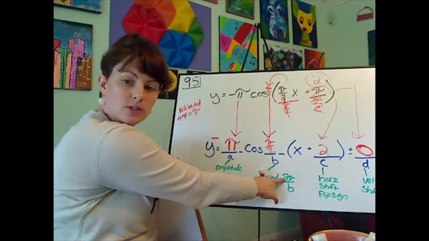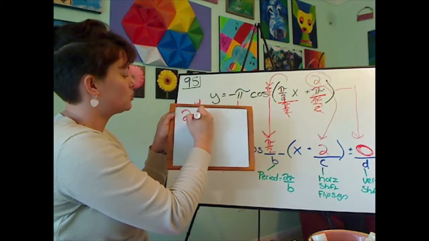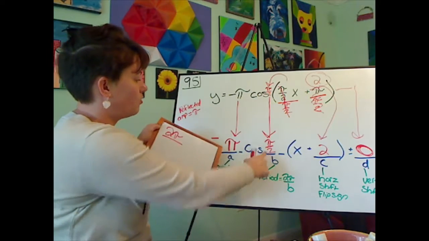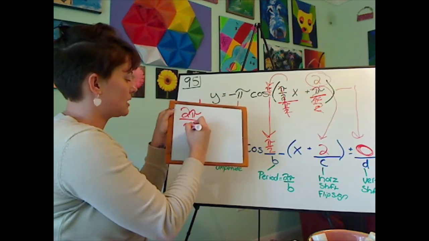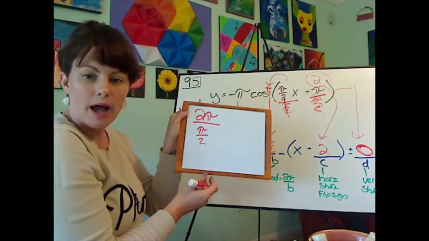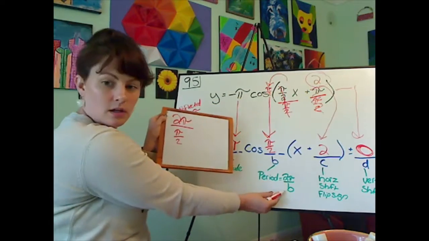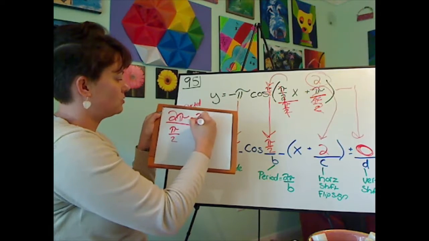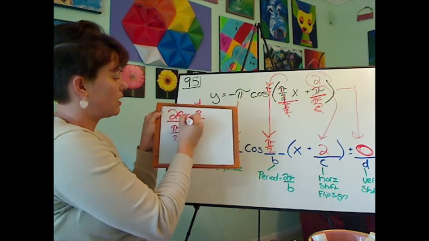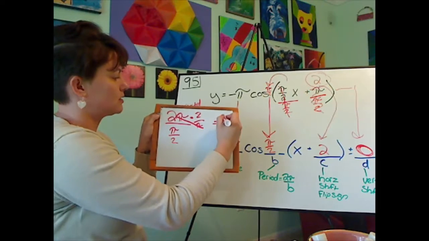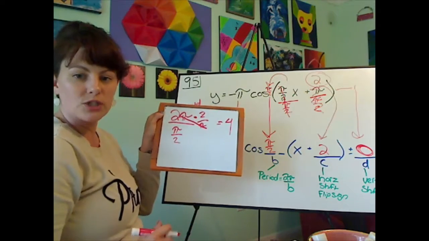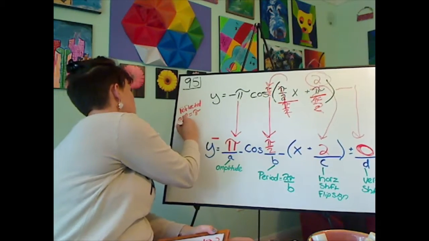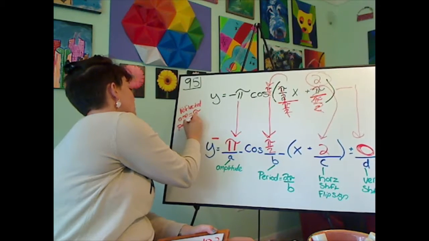So period is 2 pi over B. So it's going to be 2 pi over 2, because I plugged in pi over 2 for B. Simplify that, so multiply this by its reciprocal. The pi's cancel out, then 2 times 2 makes 4. So our period is 4.